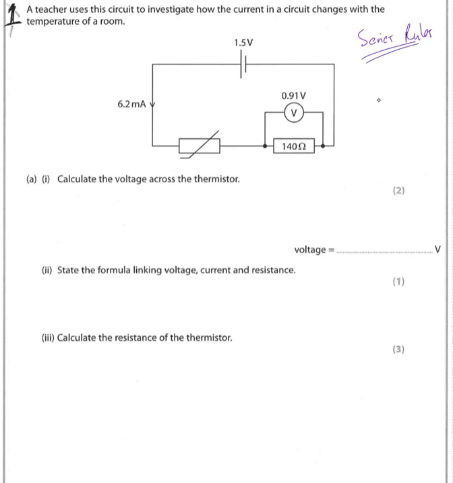For a series circuit, we know that the voltage is split. However, we know that the current is the same, and this will help us in this particular case. Now, calculate the voltage across the thermistor, which is this one here. Since the voltage is split, the total voltage is 1.5 and 0.91 is taken by this one.